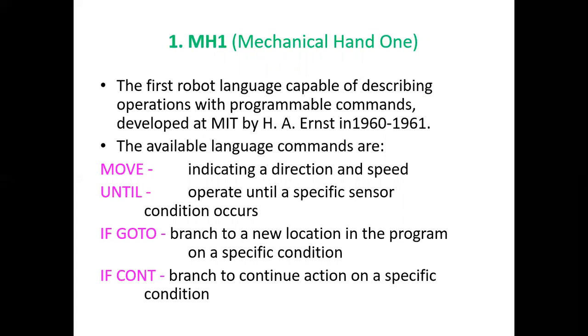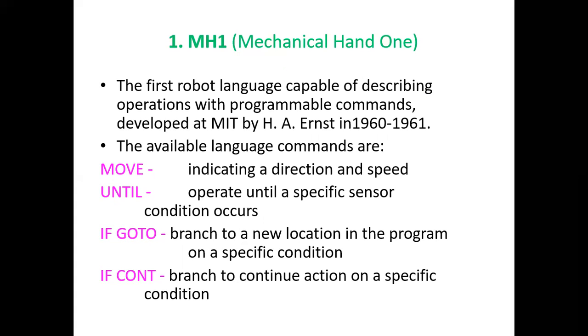First one, MH1, that is Mechanical Hand 1, the first robot language capable of describing operations with programmable commands. It was developed at MIT by H. A. Ernst in 1961-62.